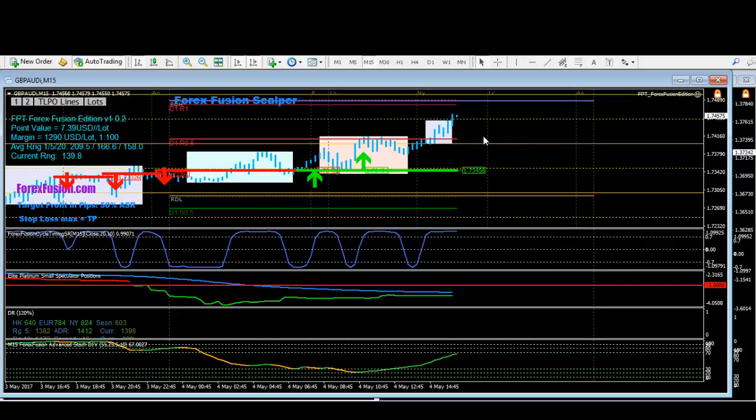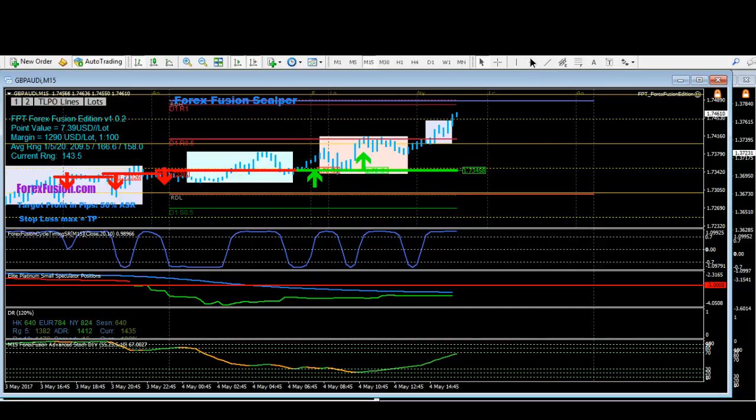So the first thing we do as part of the Forex Fusion trading method, when we're on a trade chart, is identify the closest valid areas of support and resistance. In this case, the closest area of support is the whole number here at 1.7400.